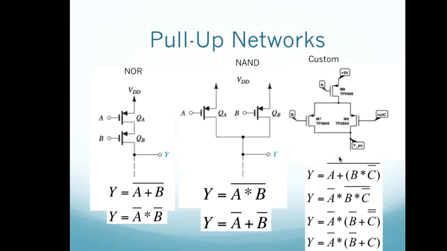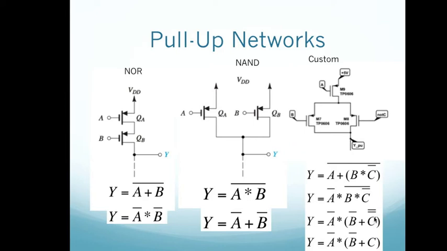Our custom gate, you have to use a little more Boolean algebra on. So we start off with our original equation for Y, and then we use De Morgan's law on this plus to make it a star. So we have A bar or this second term. Then we use De Morgan again to break apart B and C bar, and that gives us B bar or C bar bar.